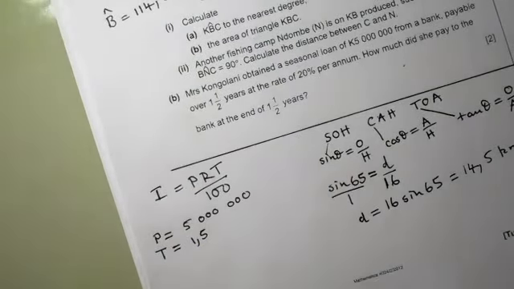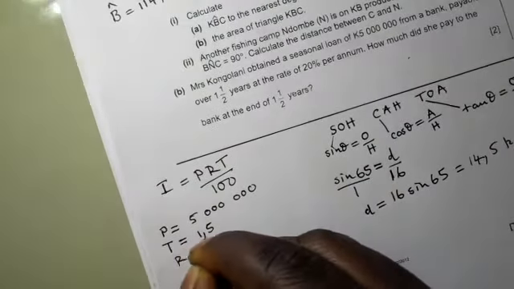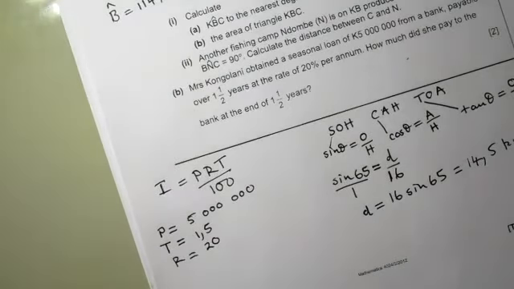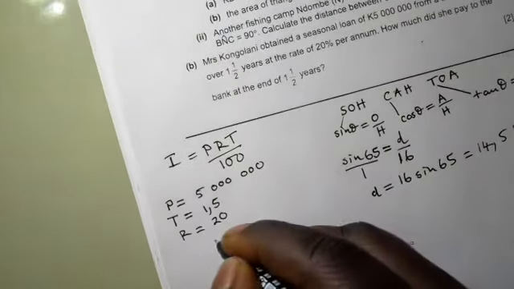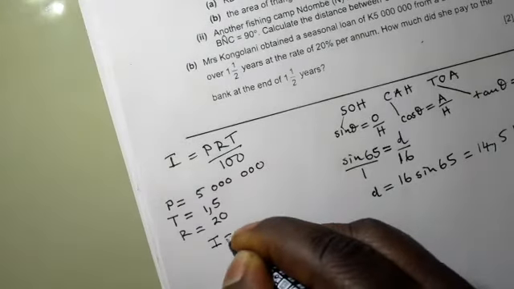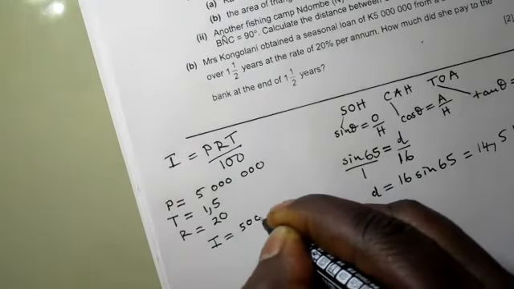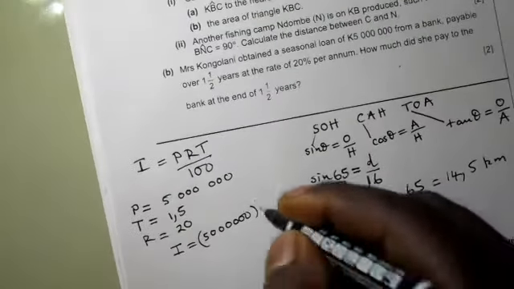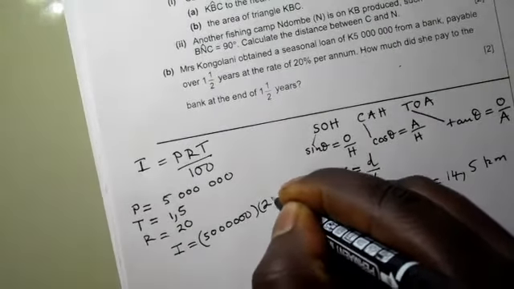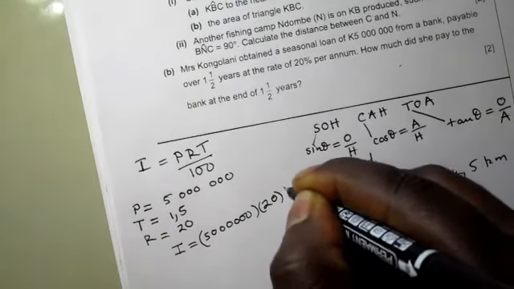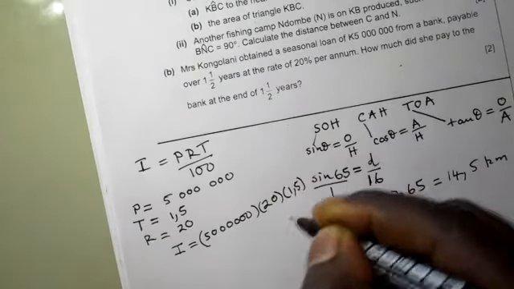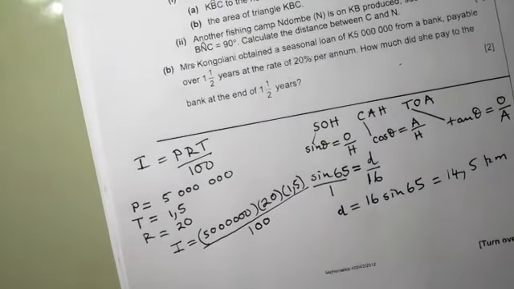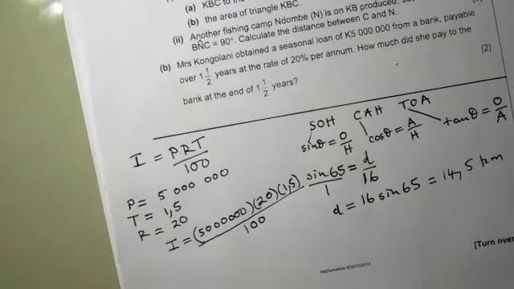Then rate is 20%, meaning to say that R is 20. So let us do the substitution. I is equal to 5 million, let me put the 5 million in brackets, the rate is 20 and the time is 1.5. Then I'm going to divide everything by 100.